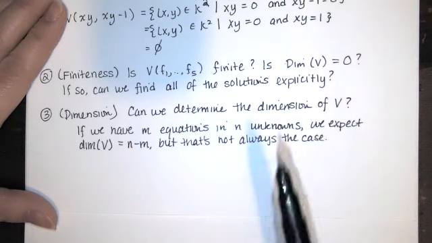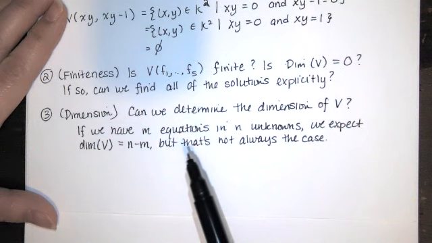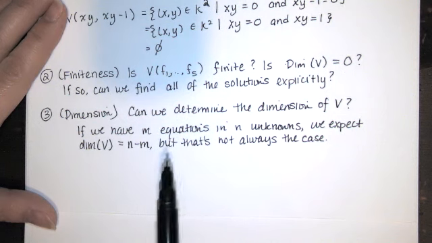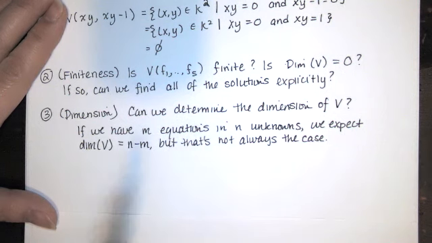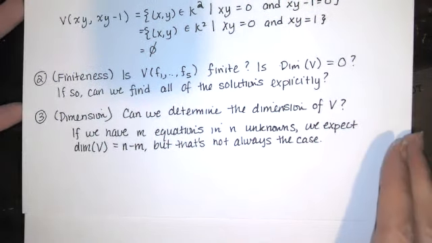So this really has something to do with independence of those equations, but that notion of independence is a little different in algebraic geometry than it is in other classes.